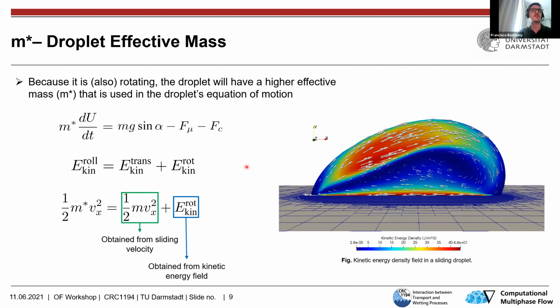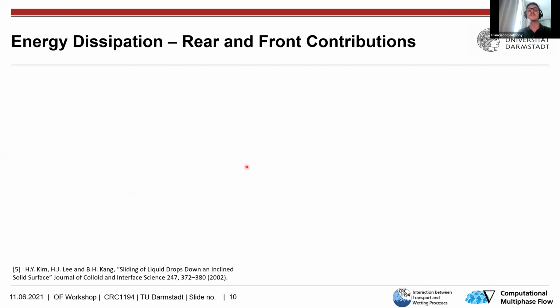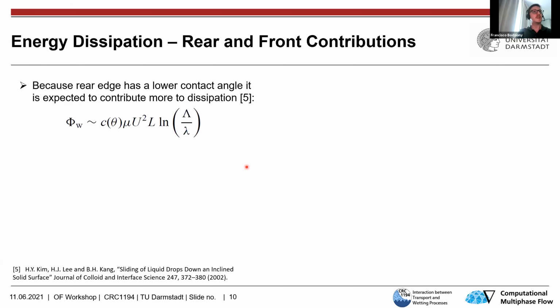Since we are short on time, I'm just going to show you another result, in which we have compared the contributions of the rear and the front part of the droplet to the energy dissipation. And actually, some correlations exist which try to estimate the contribution of the dissipation rate for the front and rear part of the droplet by this C parameter.